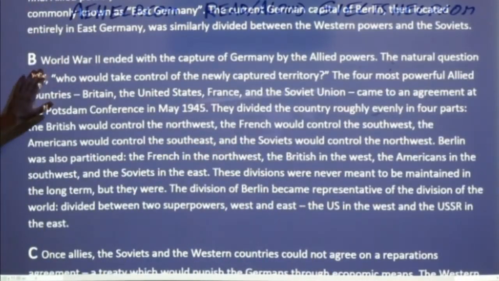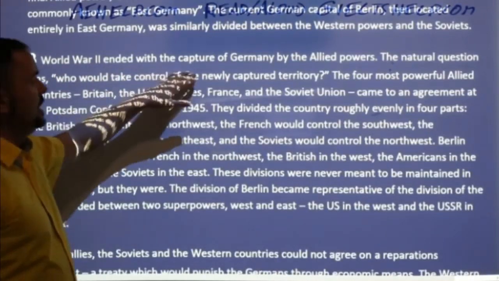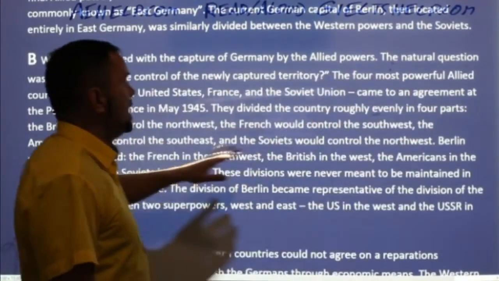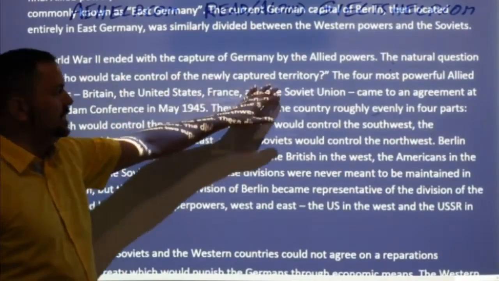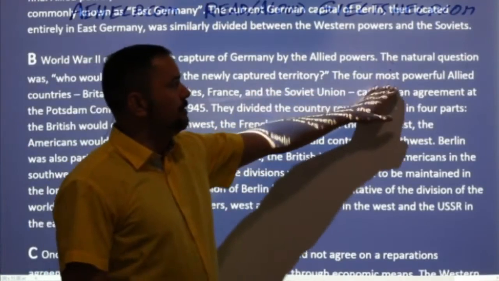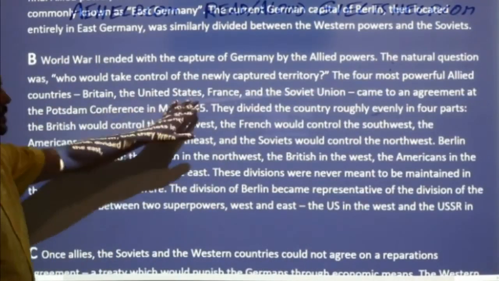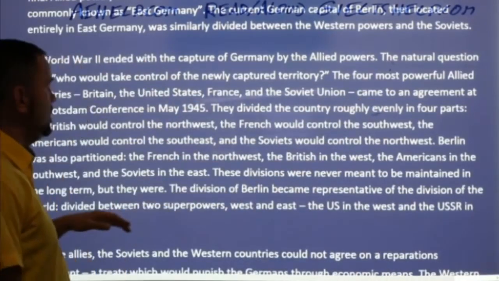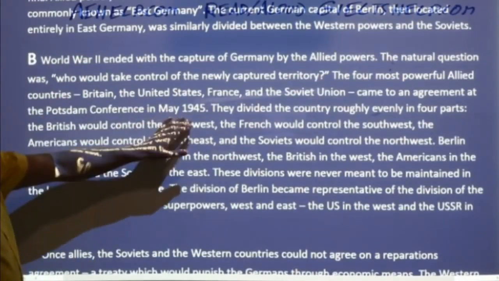So paragraph B. World War II ended with the capture of Germany by the Allied powers. The natural question was, who would take control of the newly captured territory? The four most powerful Allied countries, Britain, the United States, France, and Soviet Union, came to an agreement at the Potsdam Conference in May 1945.